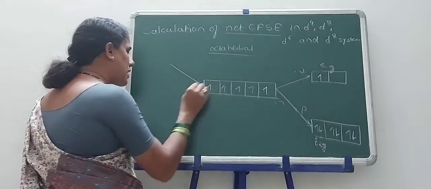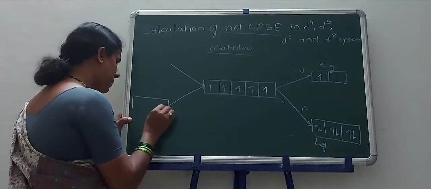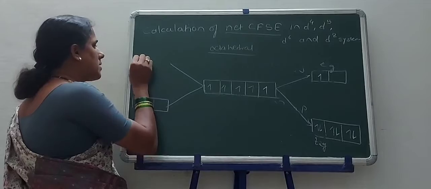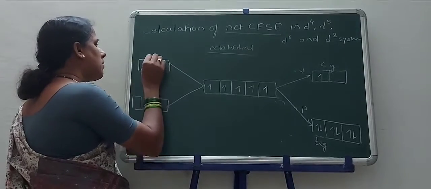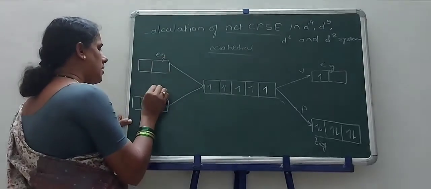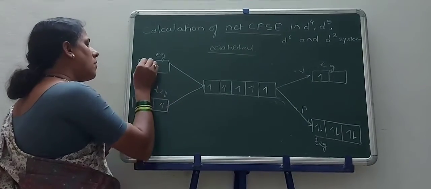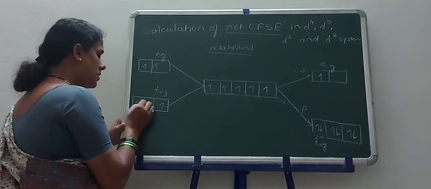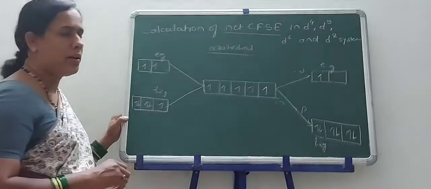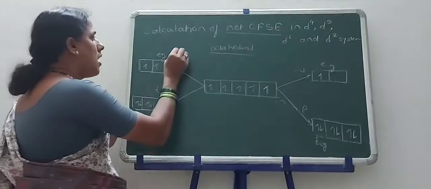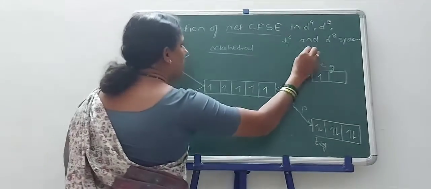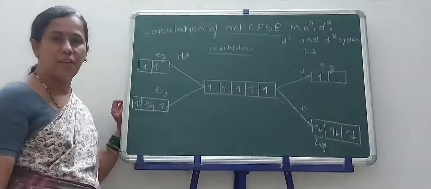Now in the case of a high spin complex, the distribution of electrons is like this: T2g orbitals 1, 2, 3, 4, 5, 6 and 7. The distribution in a high spin complex and in a low spin complex is different.